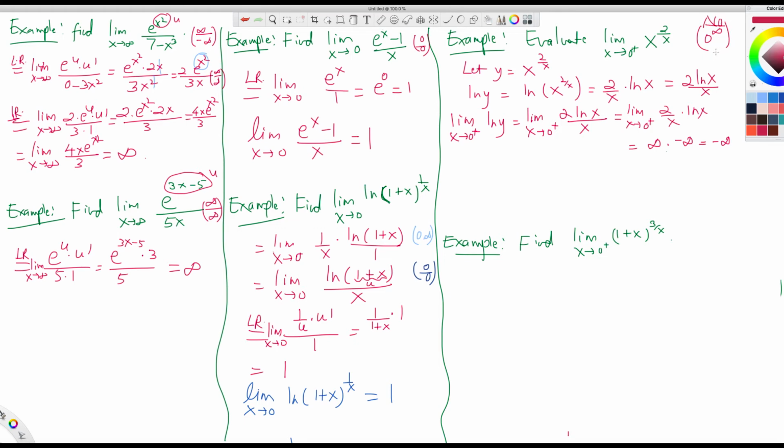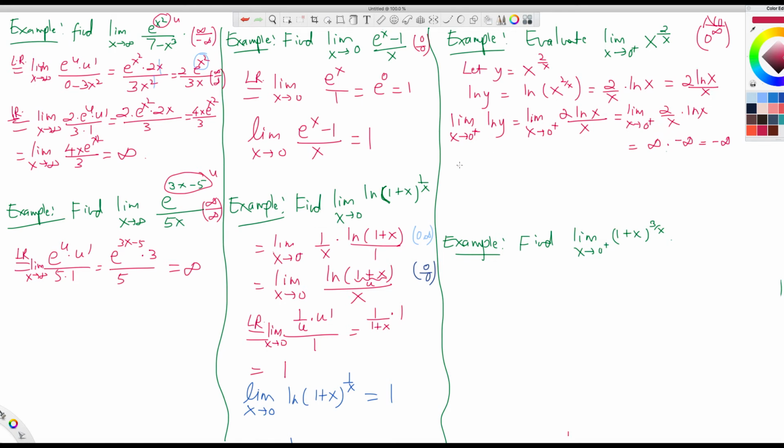If it was infinity to the 0, that would be an indeterminate form, but this is not. So you can guess from here too: if there is x in the exponent and just one term, like x to the something over x, or just x in the exponent, we usually write y equals that and then take natural log on both sides. Okay, that's the idea.